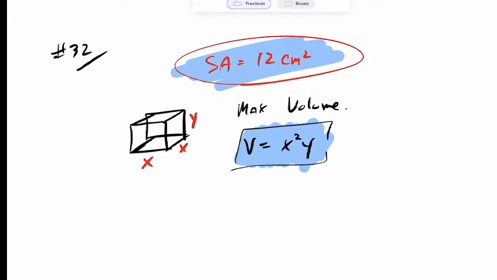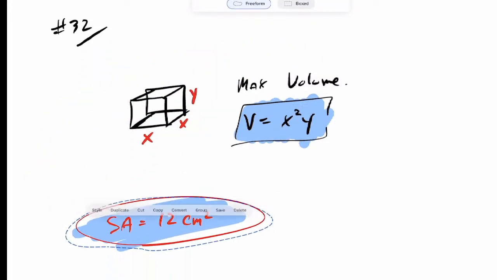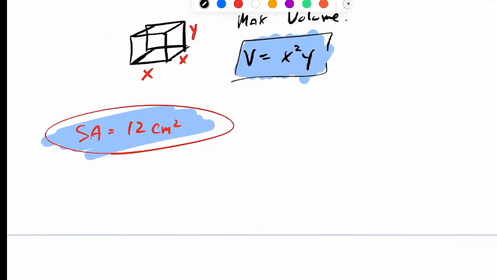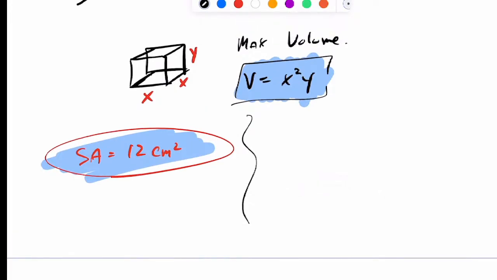So I need a representation for the surface area of this box. They say an open top box. Because it's an open top box, you have the area of the bottom, which is x squared.